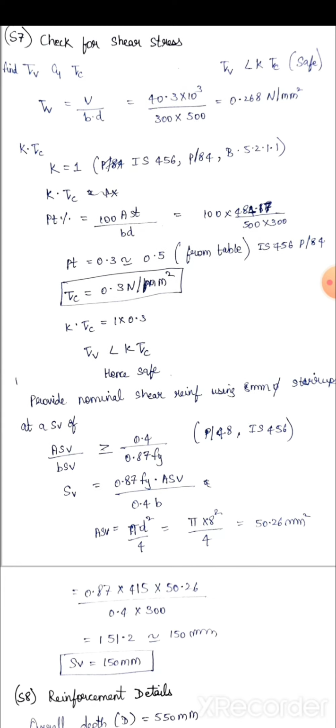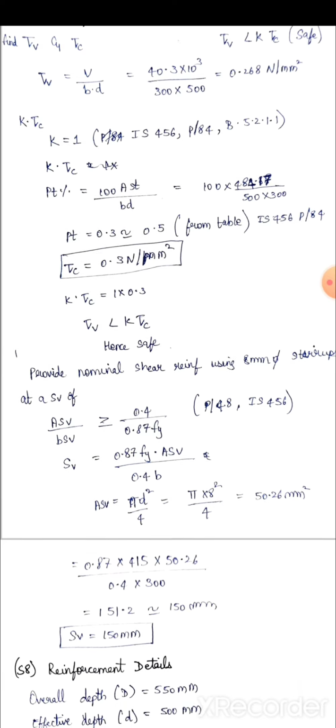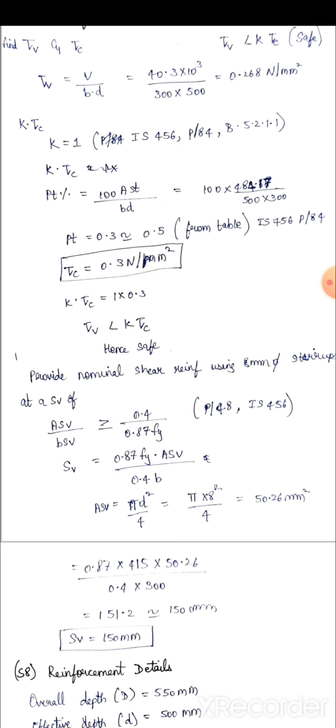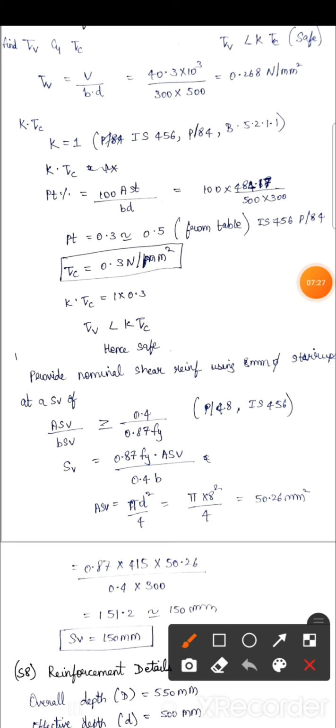Now percentage formula is 100 into AST by BD. This is calculated for finding tau c from the table. So the percentage answer is 0.3. So nearest value 0.5 we take.